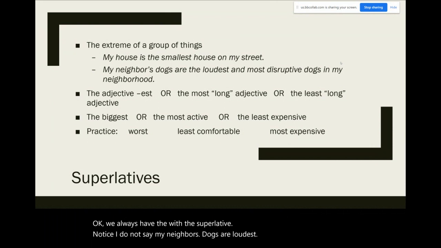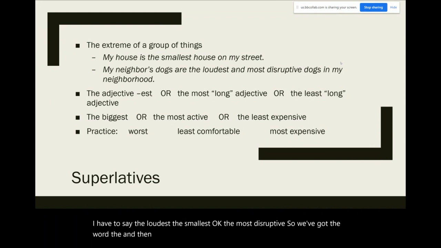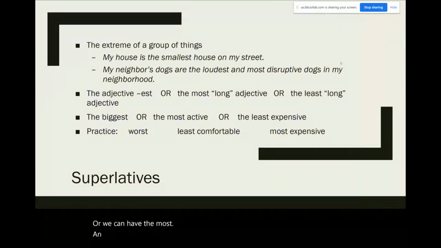I have to say the loudest, the smallest, okay? The most disruptive. So we've got the word the, and then we have the regular adjective with est, or sometimes just the st. Or we can have the most and then a long adjective.